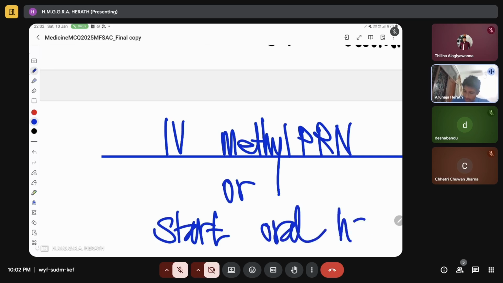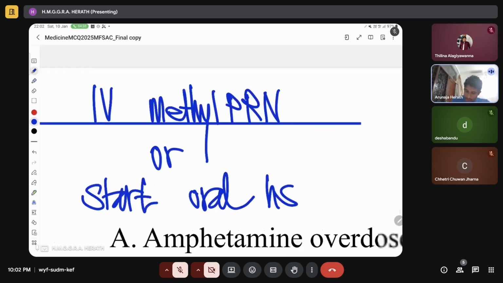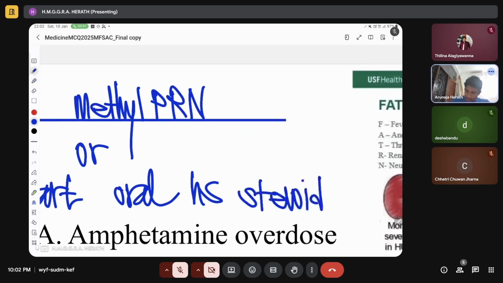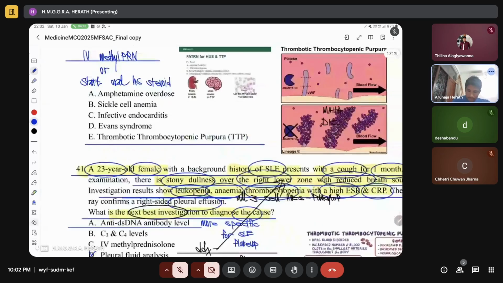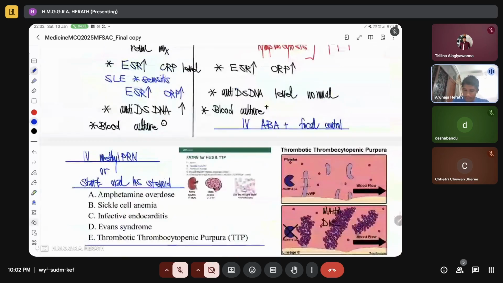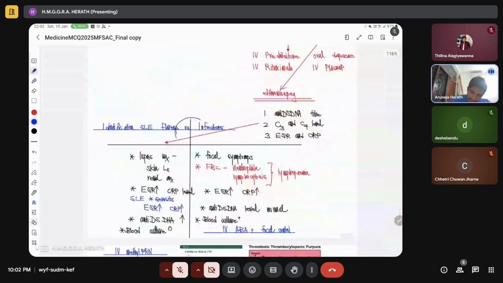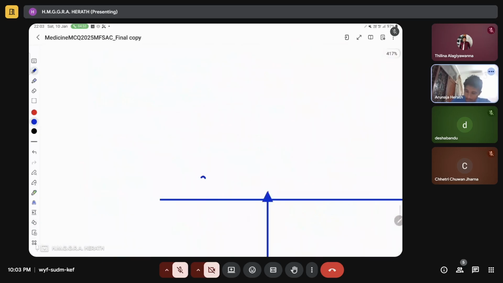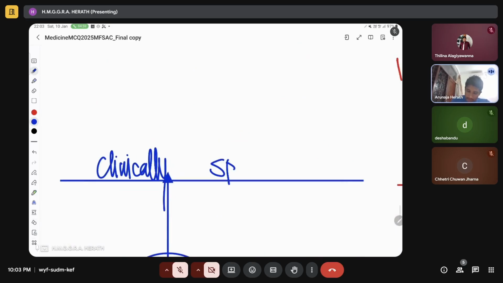So these are the two major ways you differentiate an SLE flare-up from an infection, because clinically both present in a very similar manner. Clinically, differentiating them is non-specific, and specificity is really low.